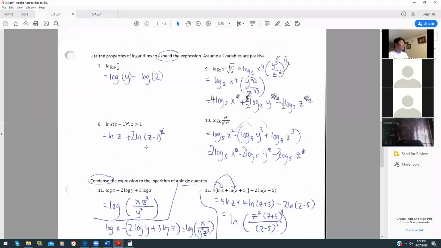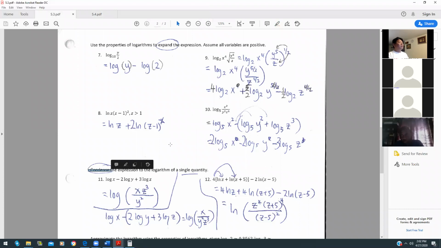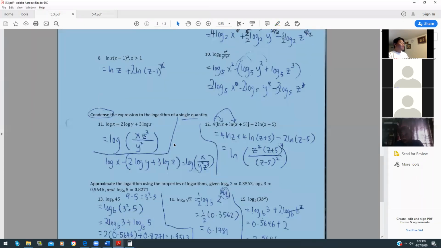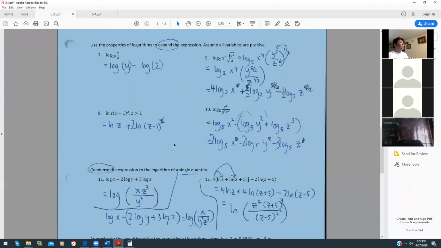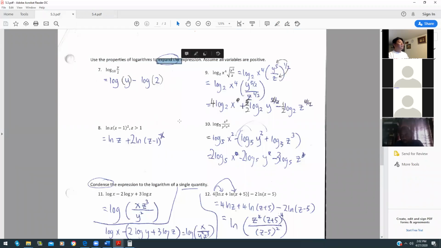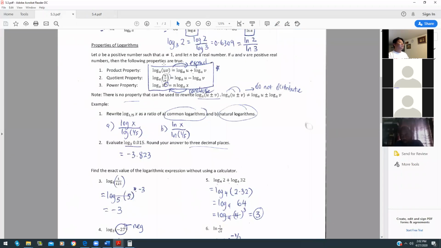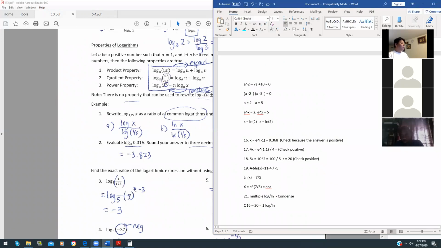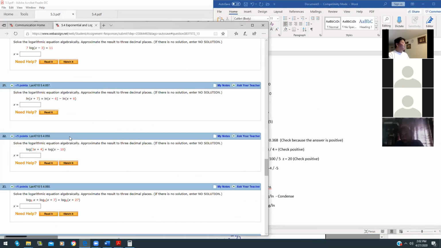If a question wants us to condense, you have to condense into 1 log. If a question wants us to expand, you will have to expand it. Expand means you go from left to right. Condense means you go right to left. I don't know what the question wants you to do, so you have to read the question very carefully. So for this one, we have to condense it. So like 21 here.